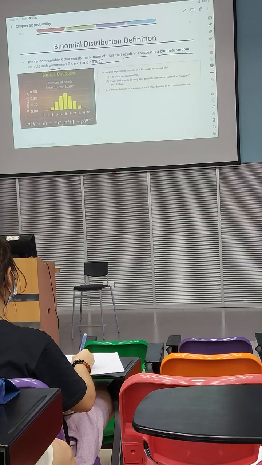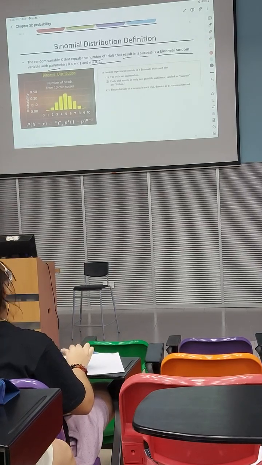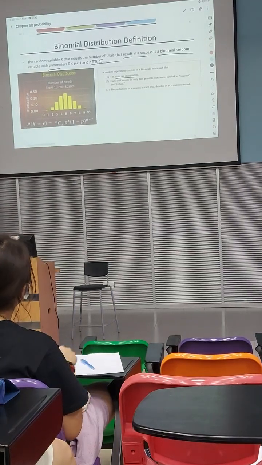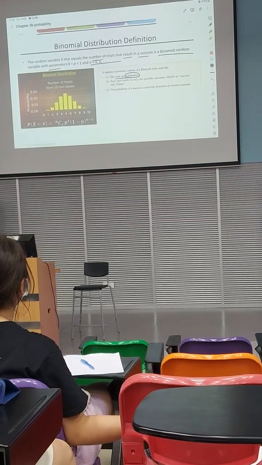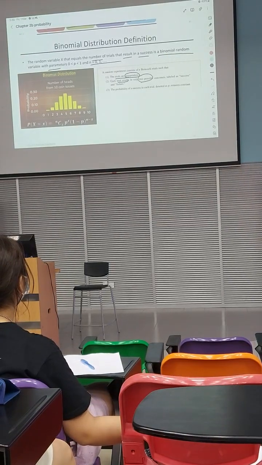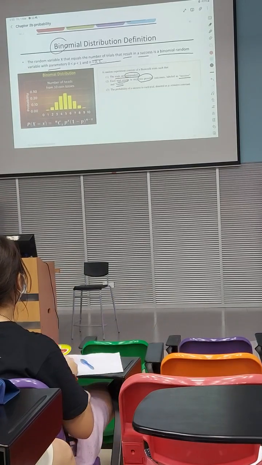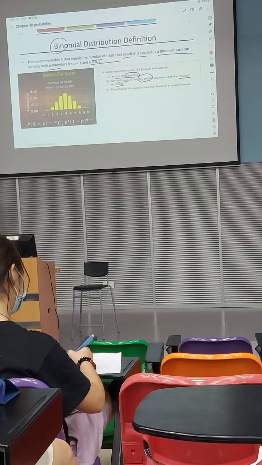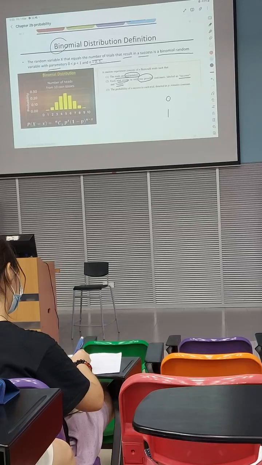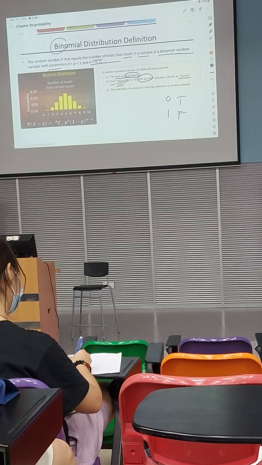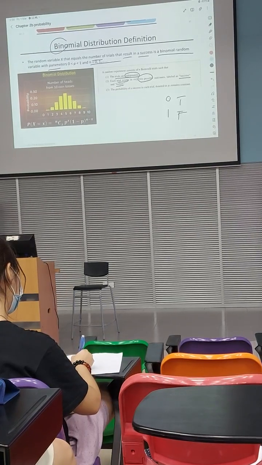A random experiment consists of n binomial trials such that each trial is independent. Each trial has only 2 possible outcomes, labeled as success or failure. Only 2 possible outcomes, that is why it is called bi. It could be presented as success or failure, 0 or 1, true or false, like this. Only 2 possible outcomes.